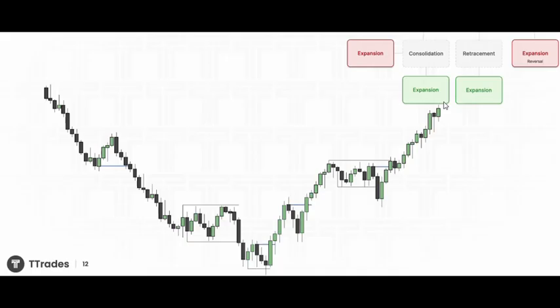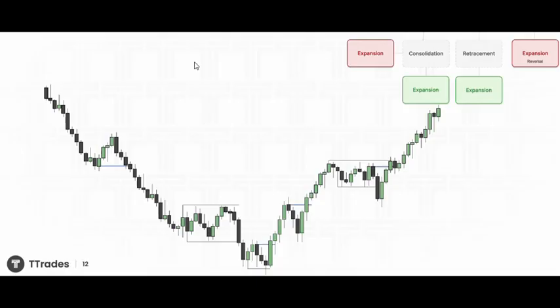So the picture that I'm trying to paint here is that when there is an expansion in the market, you need to allow the retracement to form, because that is what is supposed to happen. After every expansion, there comes a retracement or a consolidation, or if you have no luck, a reversal.